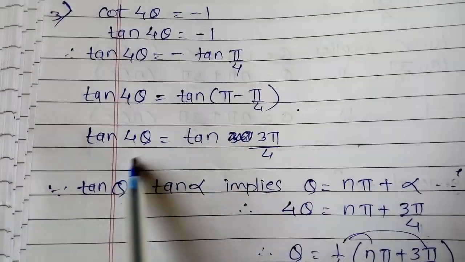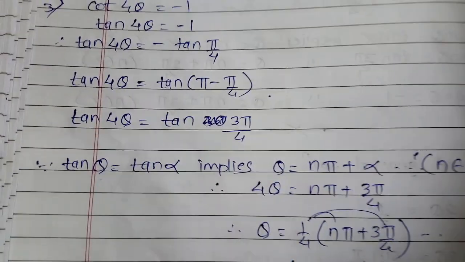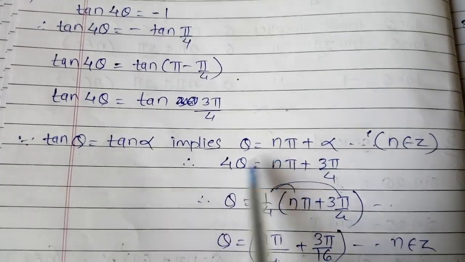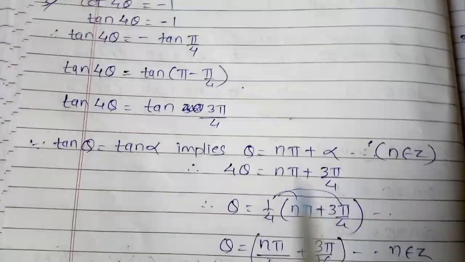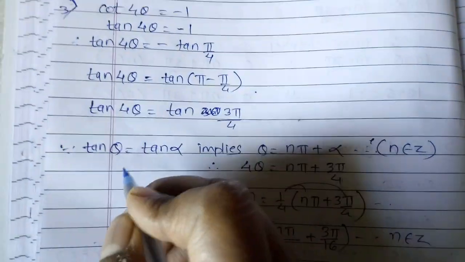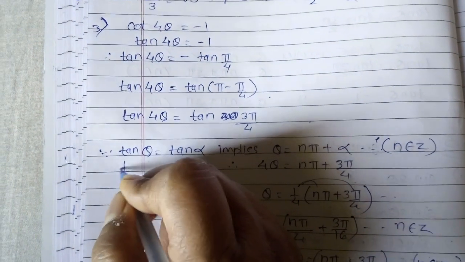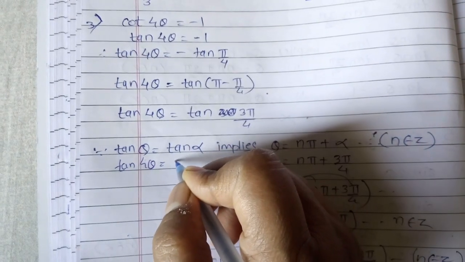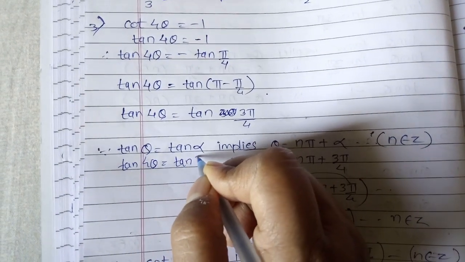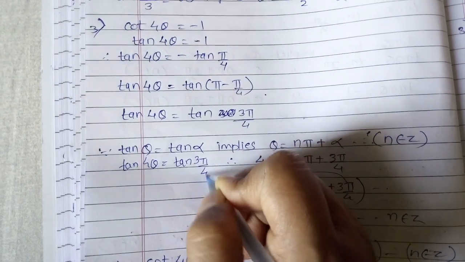So now it looks like tan theta is equal to tan alpha. So it implies that theta is equal to n pi plus alpha. So here I write the equation again, that is tan 4 theta is equal to tan 3 pi by 4.